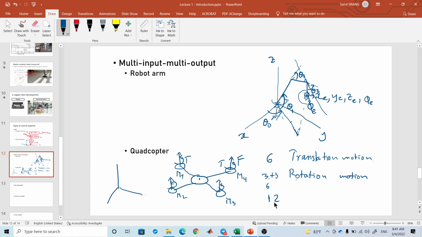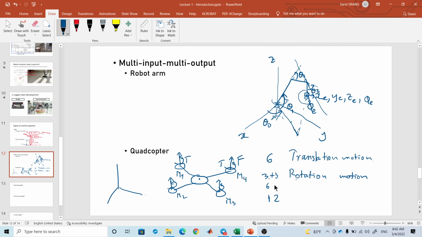So for these 12, if you want to control the trajectory of a drone, it means each position has one portion of the central mass, and then it has orientation.